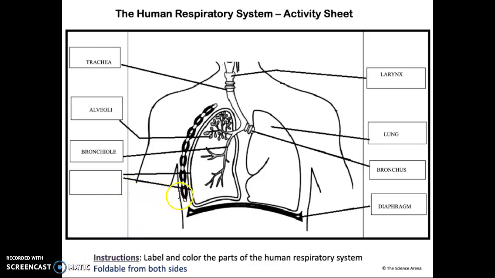And last but not the least, this lining that you see here is what we call the pleural membrane. I will spell it in a second, but let's talk about the pleural membrane. It is a lining that surrounds the lungs. It contains the secretions that are produced, and it contains a fluid called the pleural fluid that creates surface tension that helps maintain the position of the lungs against the chest wall.